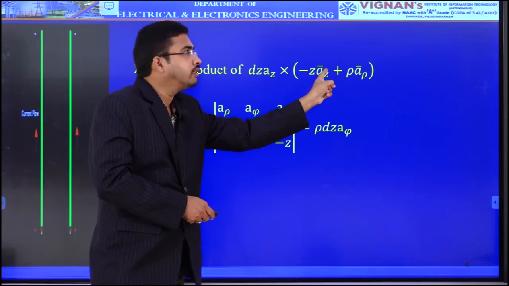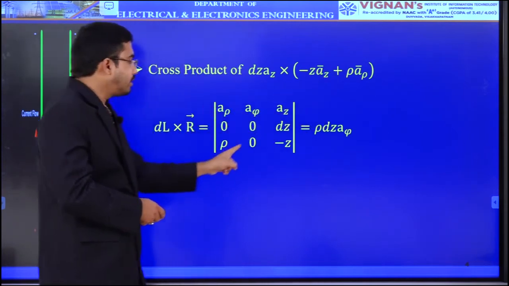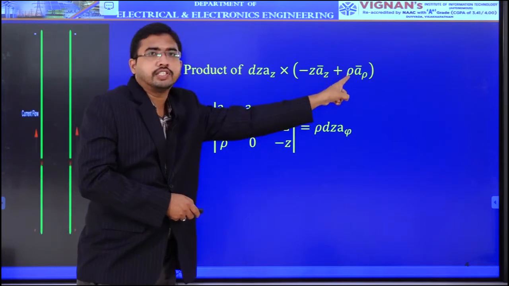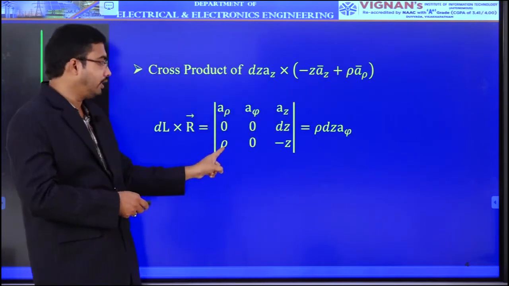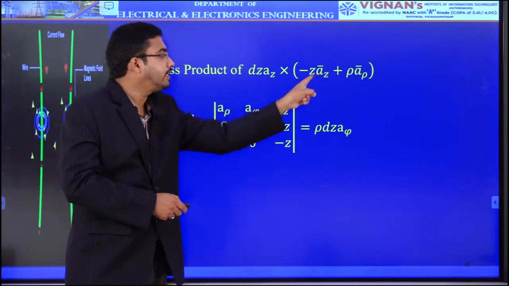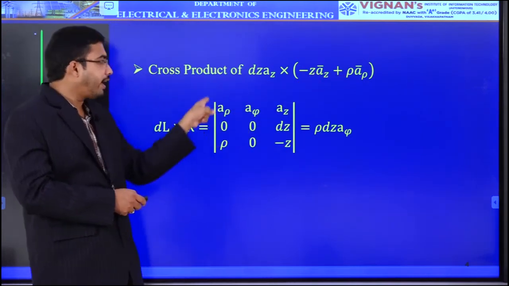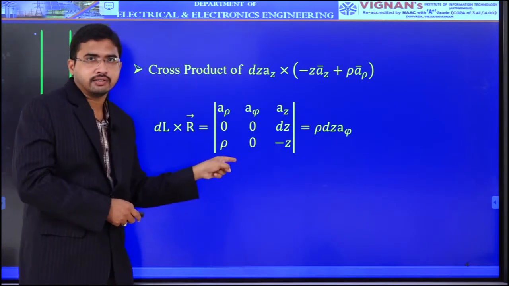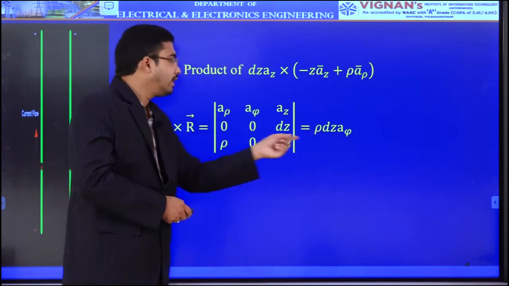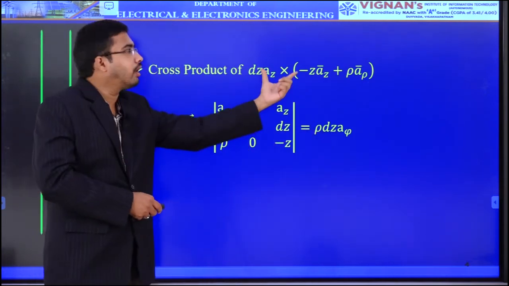Minus z az plus rho a rho. That means the second vector you are substituting here. The a rho term you are having, the coefficient is rho. That I am substituting here, rho. Here there is no a phi term, so 0, and the z term you are having is minus z. If you find the determinant value for this, then rho dz a phi. This is the cross product value of this term.